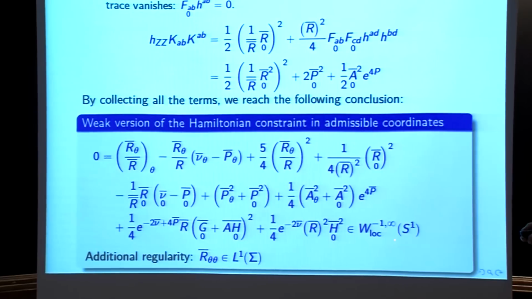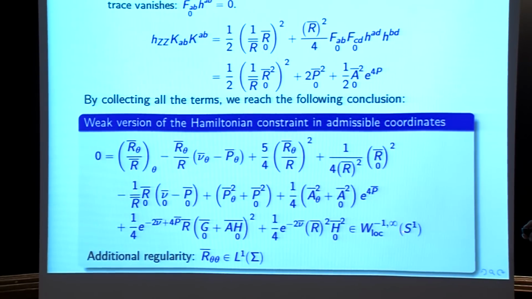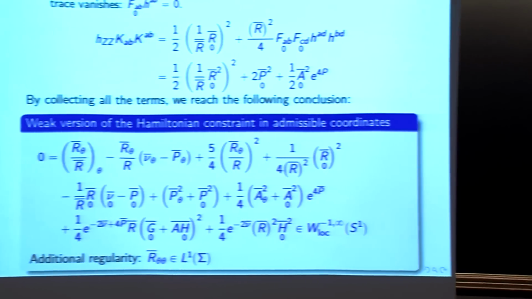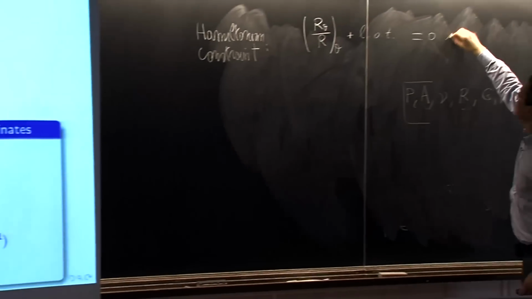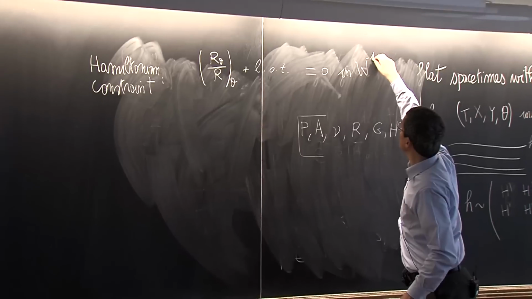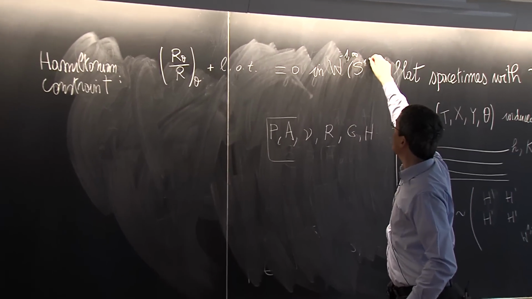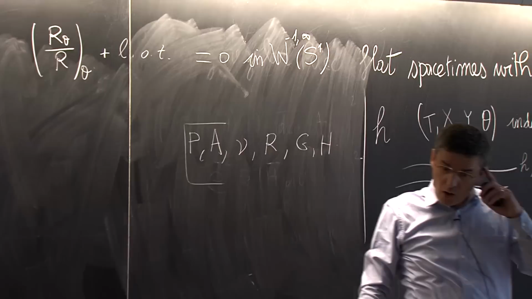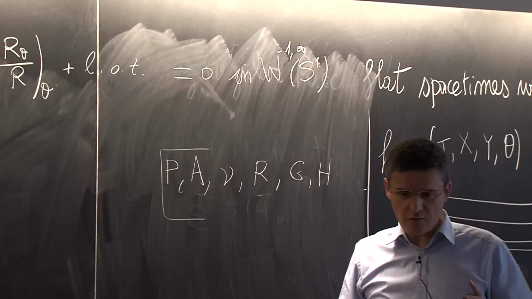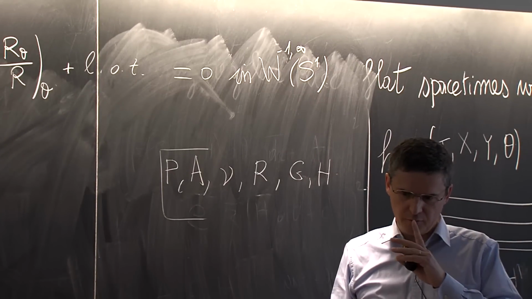The only thing I need to say is that this is an equation that we have been able to define in W minus 1 infinity. So this first equation is defined in W minus 1 infinity according to the slides, and this was according to our geometric definition. This equation makes sense in W minus 1 infinity.